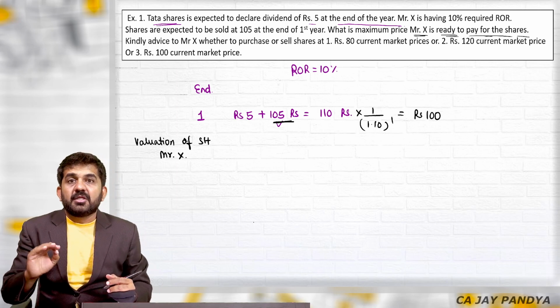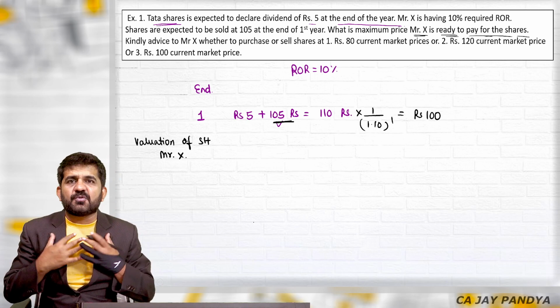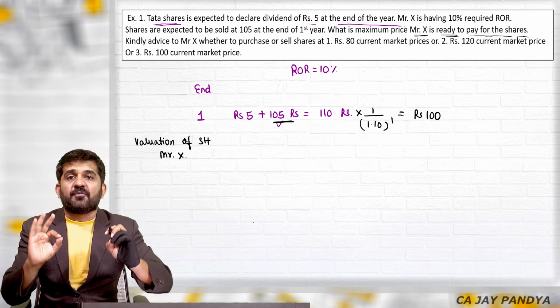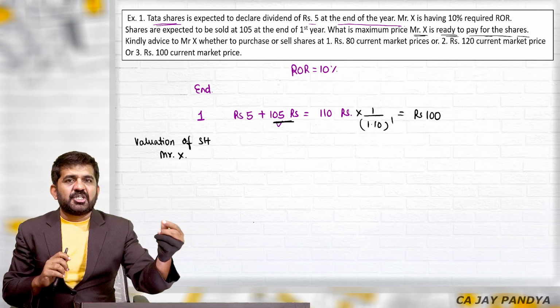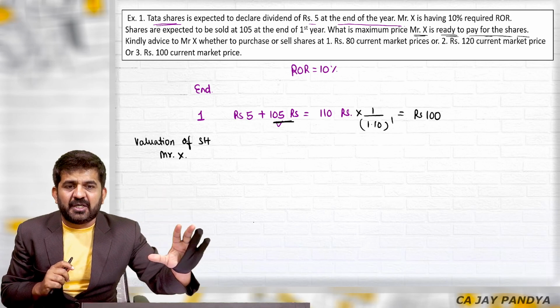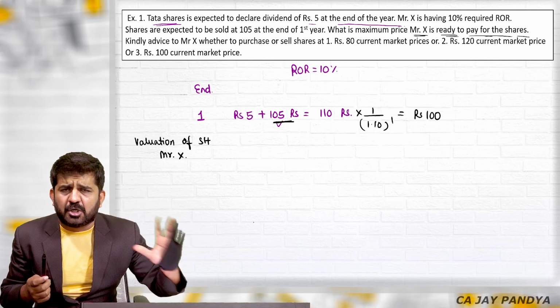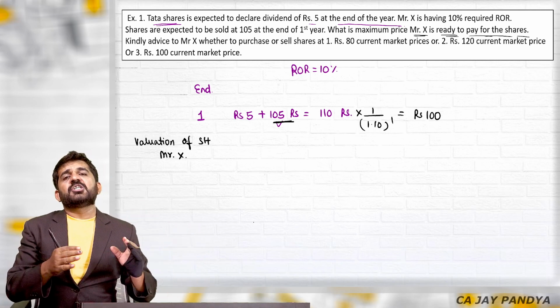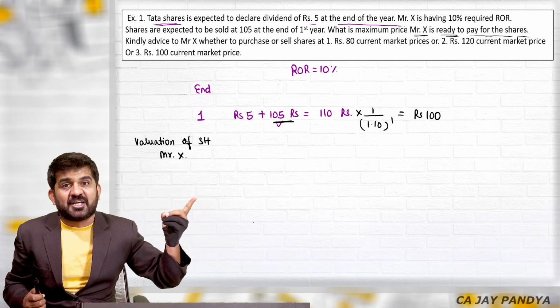No. This is the valuation for Mr. X. Mr. X feels that the share should be of rupees 100. Remember that example of jeans. By touching the jeans and seeing the company, I feel that the jeans is worth 2000 rupees. And if the jeans is available in the market at 5000, that is the market price.